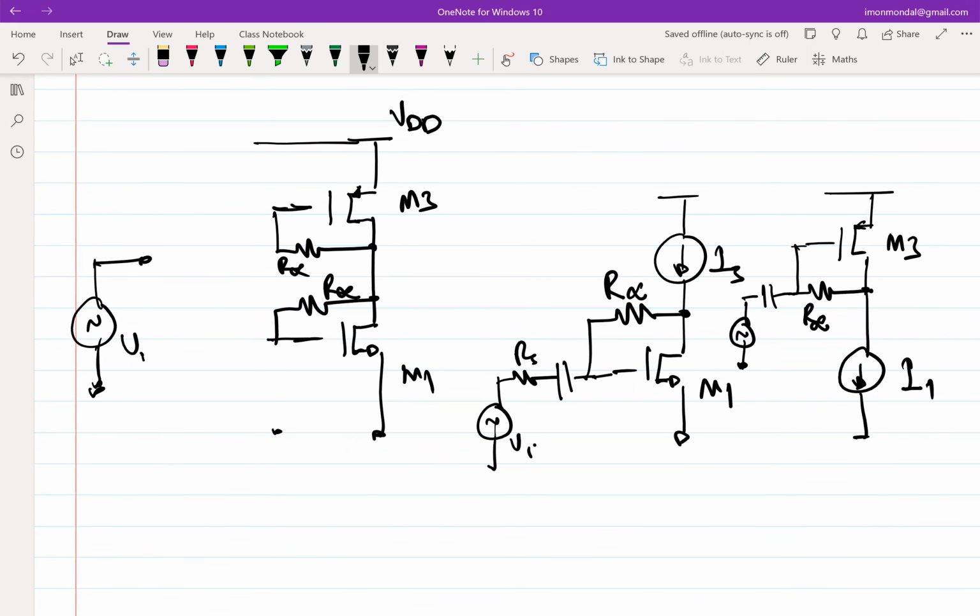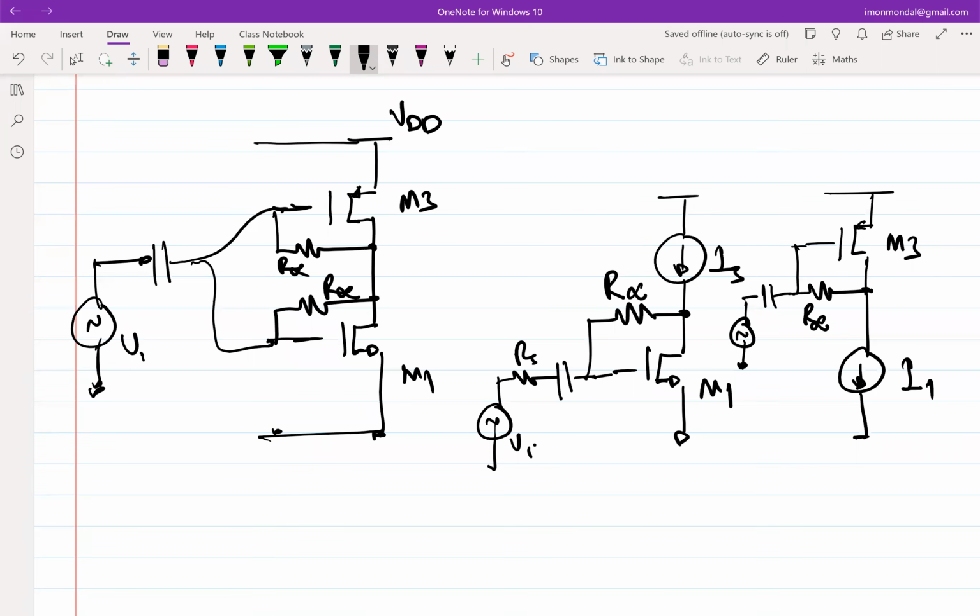Okay. And then I say that I apply my input directly here. Fine. What is the purpose of this R infinity? The major purpose of R infinity is to ensure that my bias is set. Correct?